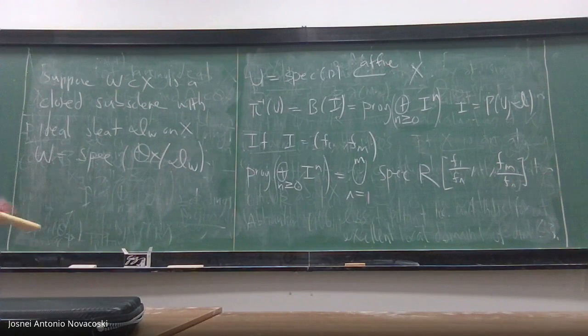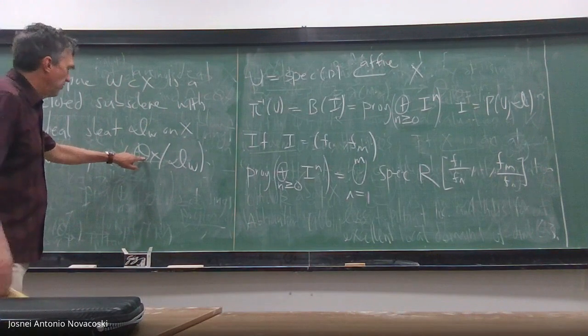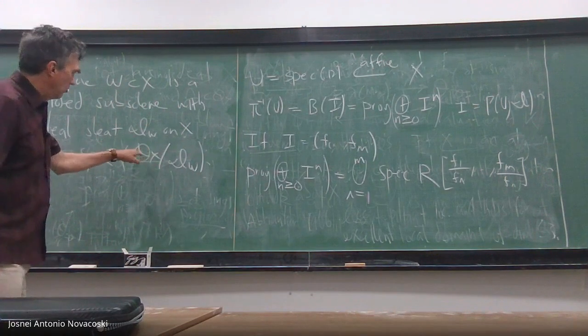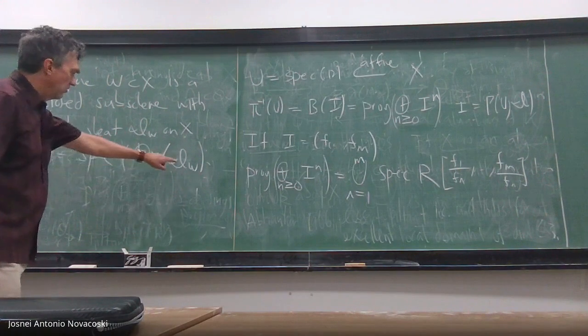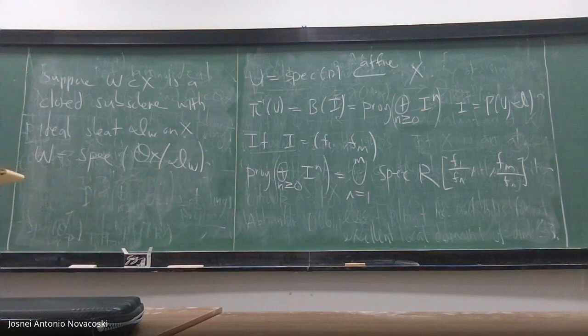Locally, if you restrict to an affine, then you take the ring R and mod out by the ideal defining it.